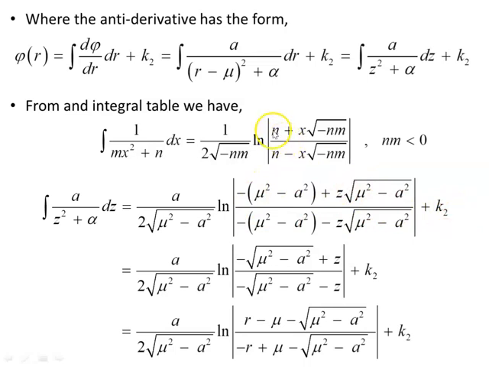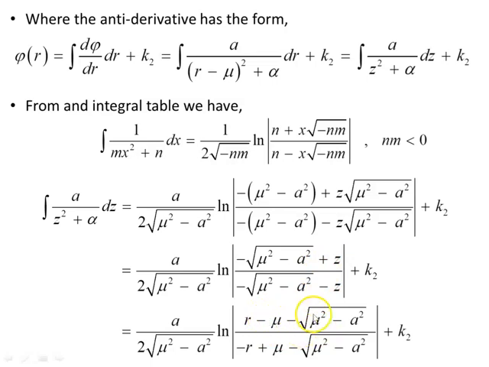See all this? N was alpha, okay? And as before, we have this object here. Same thing again, we'll take out a factor of this, square root mu squared minus a squared. Remember, there's two of those factors in here. Similar to what we did before, with the z's, we'll substitute r minus mu.